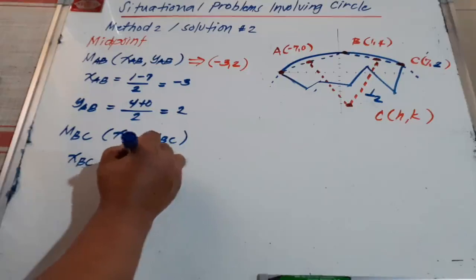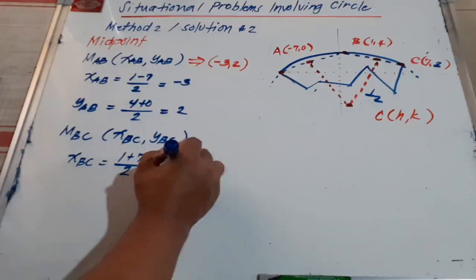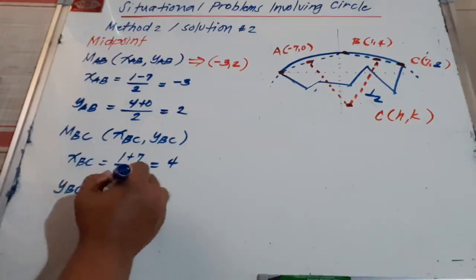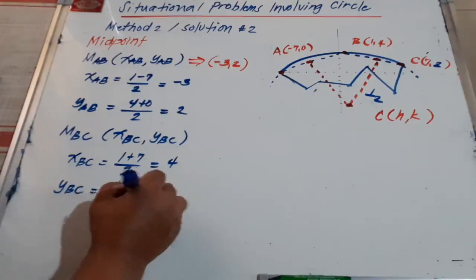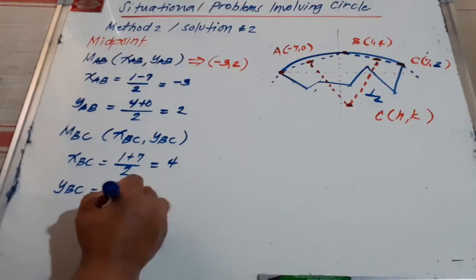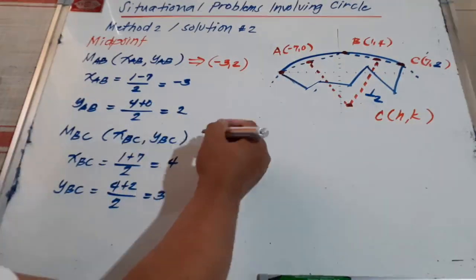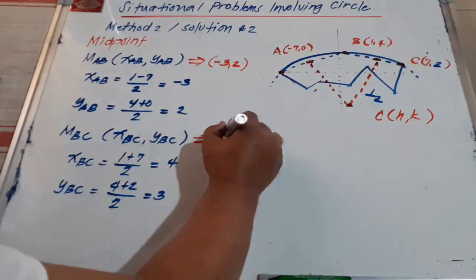So, 1 plus 7 divided by 2, that is equal to 4. And the other one is y sub BC. 4 plus 2 divided by 2, that will be equal to 3. Therefore, the midpoint ng ating BC is located naman sa 4, 3.